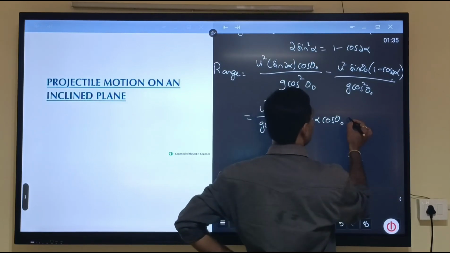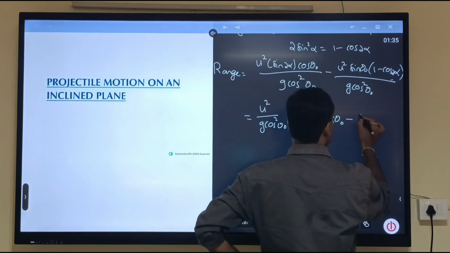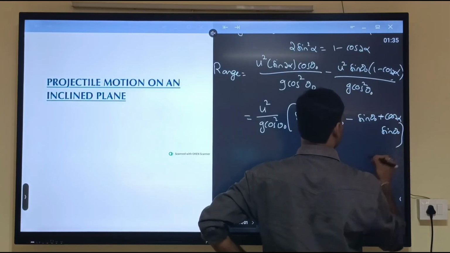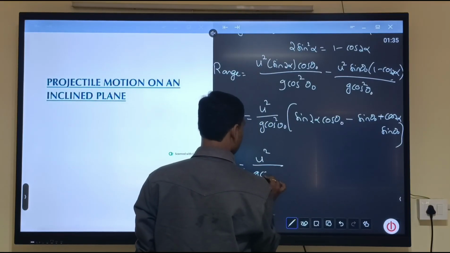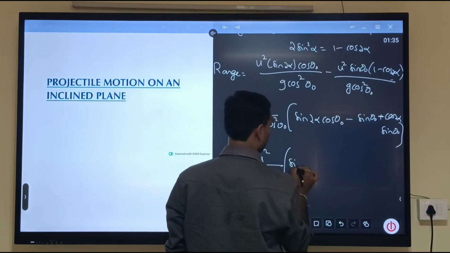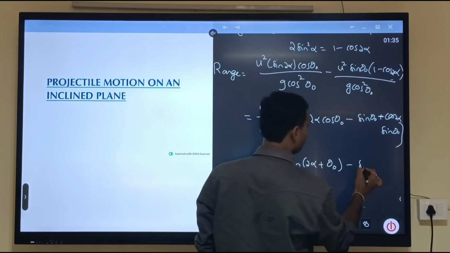Then minus u square by g cos square theta naught, taking sin theta naught plus cos 2 alpha sin theta naught common. Right? Then this is u square by g cos square theta naught, this will be sin of (2 alpha plus theta naught) minus sin theta naught.